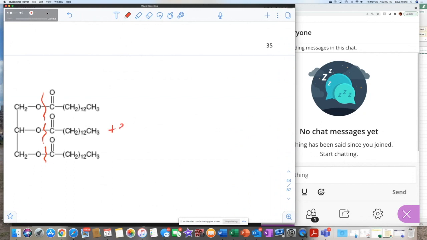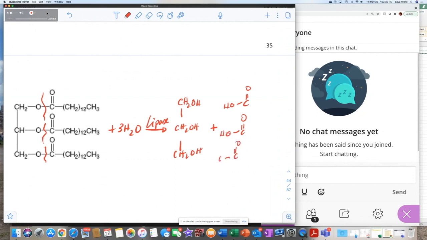So when I add 3 waters here, and it can be 3 waters and then maybe lipase, the enzyme, what I get is CH2OH, CH2OH, CH2OH, like that, the glycerol, right? And then for the carboxylic acid, the fatty acid, I have this OH, double bond, OH, double bond, OH.